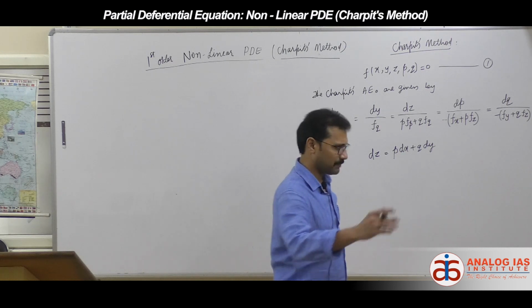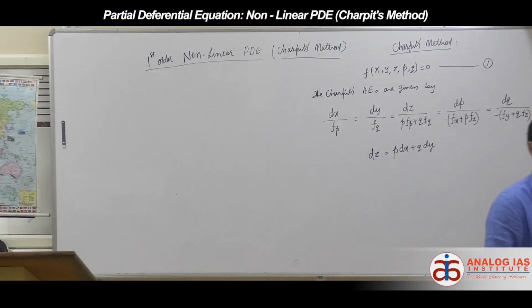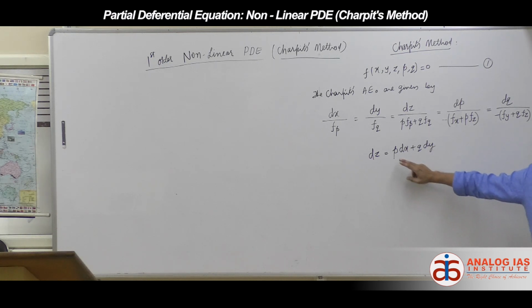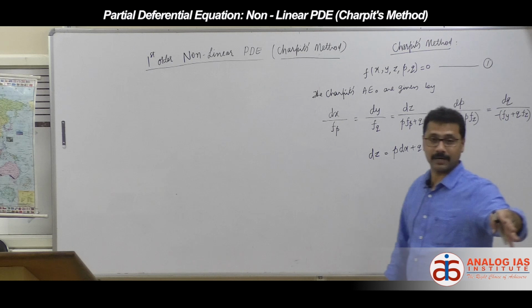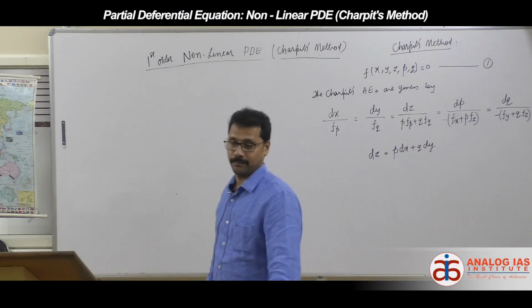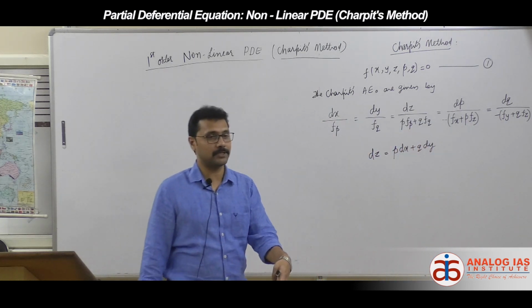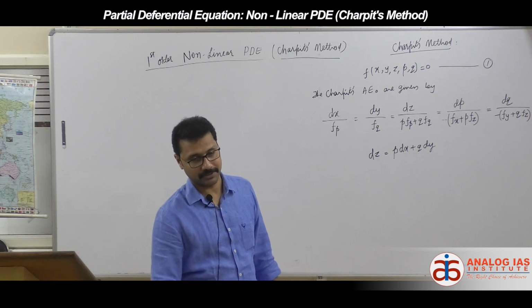Accepted. But sometimes what people also do is, P they get from here with one arbitrary constant, Q they also get from here with a second arbitrary constant. Both of them they substitute here. Again they integrate. You will get a third arbitrary constant, which cannot be accepted as a solution of a first order partial differential equation with two independent variables.